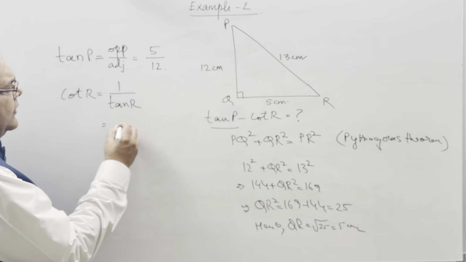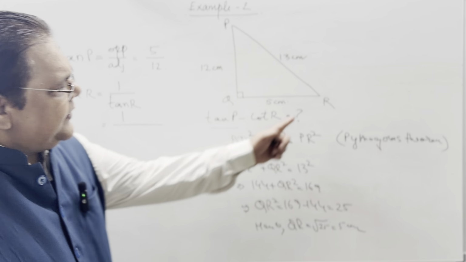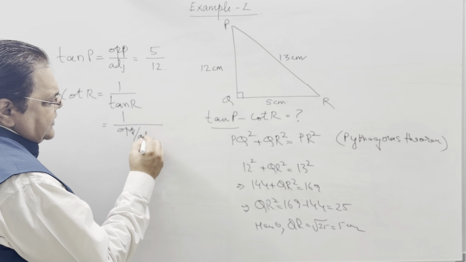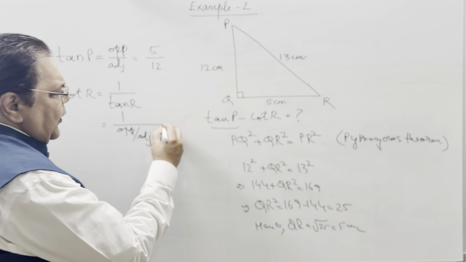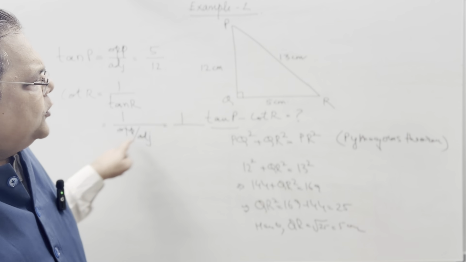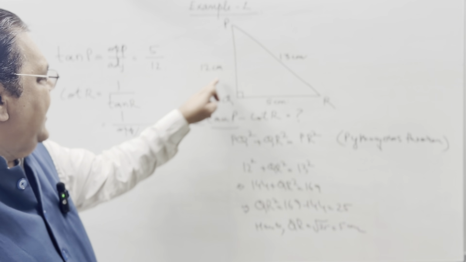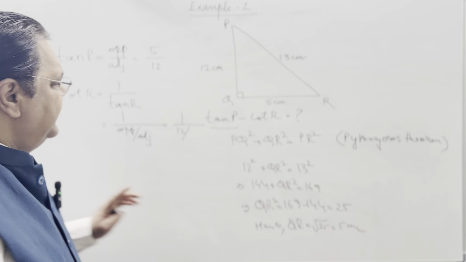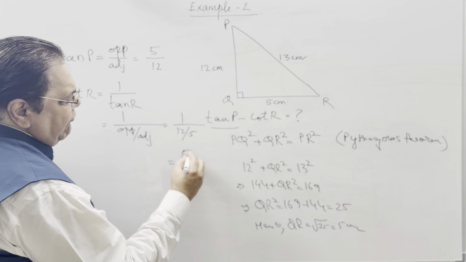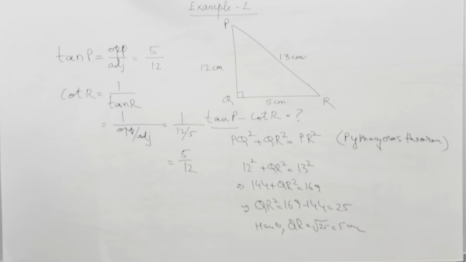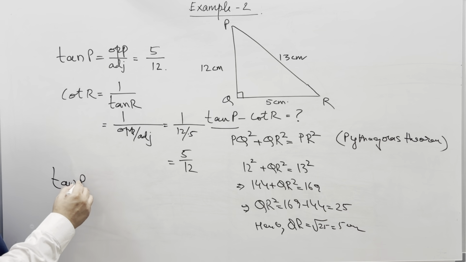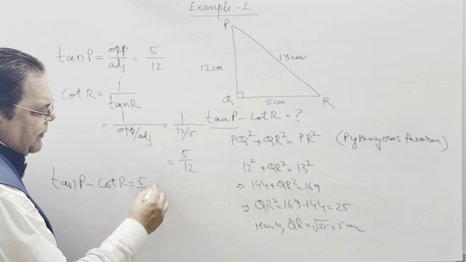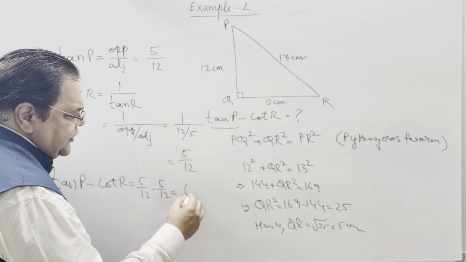So 1 by tan R, opposite by adjacent, which is opposite side of R, 12, and the adjacent is 5, which is equal to 5 by 12. Hence we find tan P minus cot R is equal to 5 by 12 minus 5 by 12, which is equal to 0.